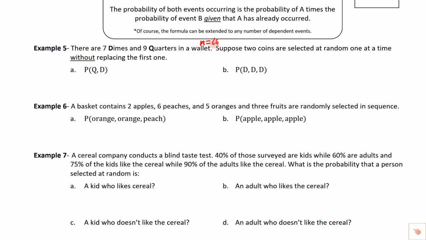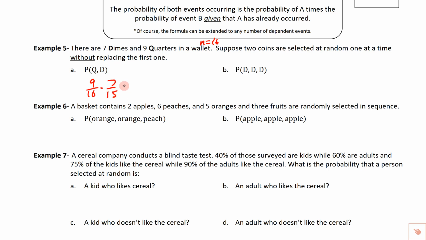There are 16 coins altogether. So the probability of randomly selecting a quarter is 9 out of 16. Probability of selecting a dime: 7 out of 15, because we didn't replace it.